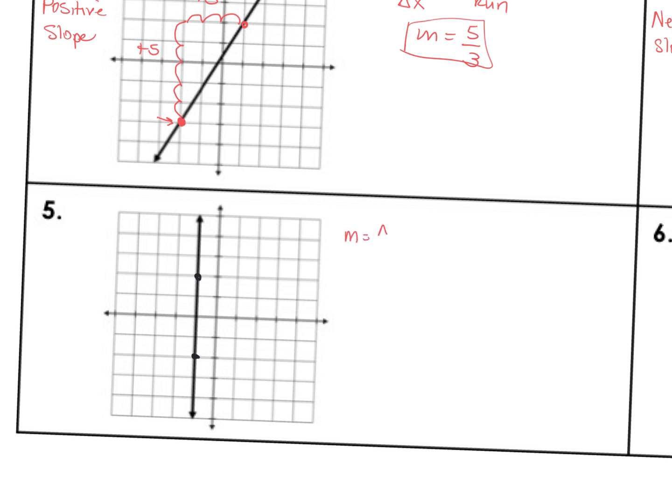M equals the change in y over the change in x equals the rise over the run. So we're going to rise 1, 2, 3, 4. And there is no run, so it's over 0. And because you can't divide by 0, the slope is undefined.